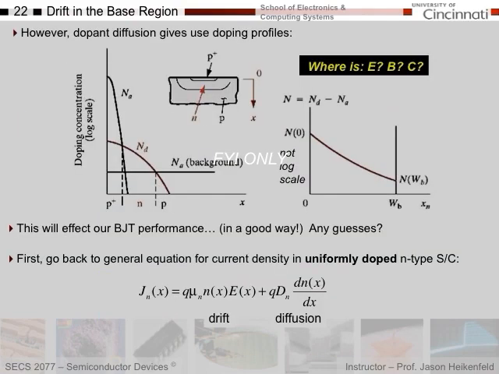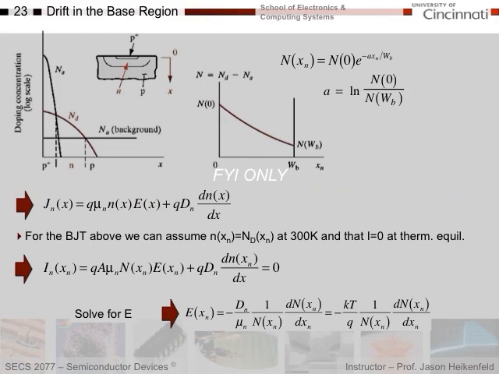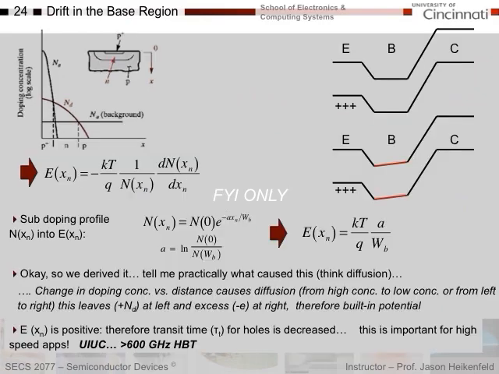I'll skip details on this slide, but one of the findings is that when you do a diffusion type doping that you see here, where here's my background concentration, this is a PNP BJT where the substrate is P-type and that's my collector. The base is N-type, which is right here, and the emitter is P+, which is right here.